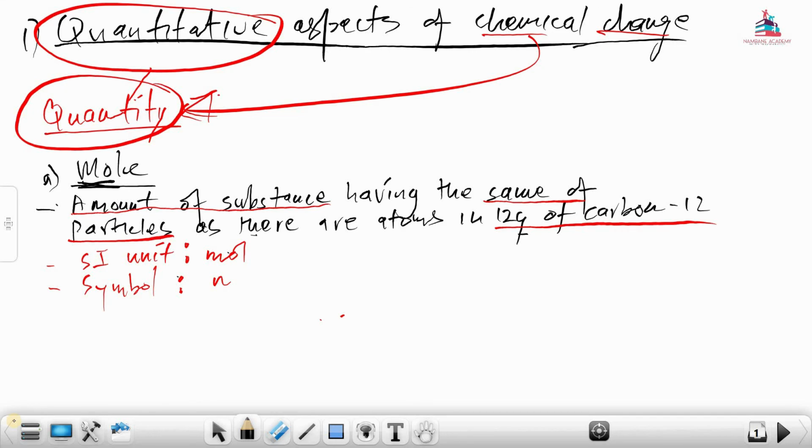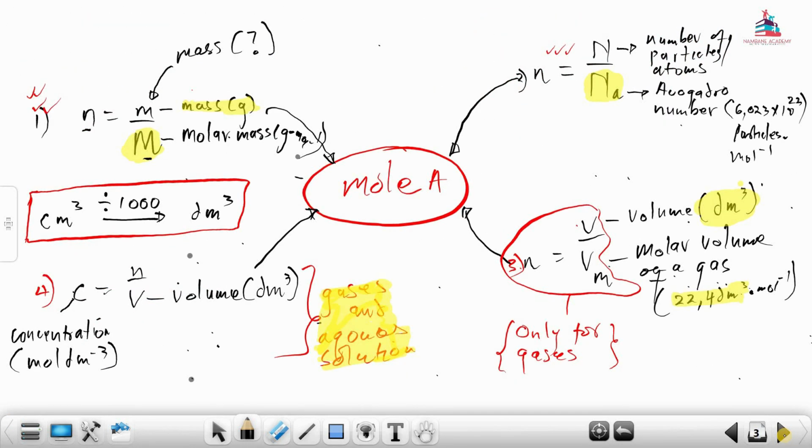Into the basic way of calculating the number of moles, because we are currently busy with quantitative aspects of chemical change. So we looked into the mole and how to calculate the number of moles, and the key things we need to look for.